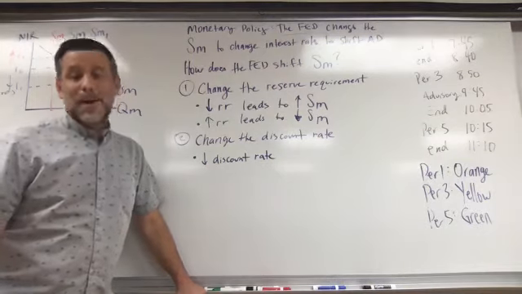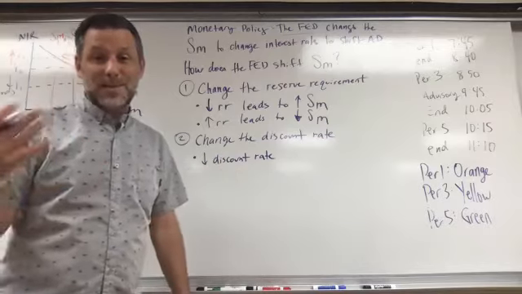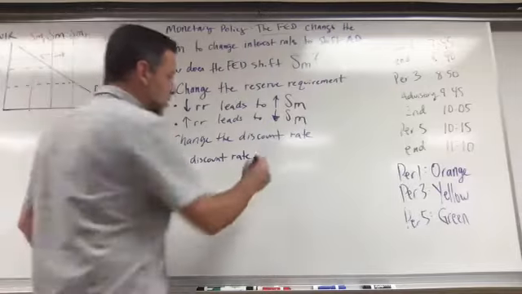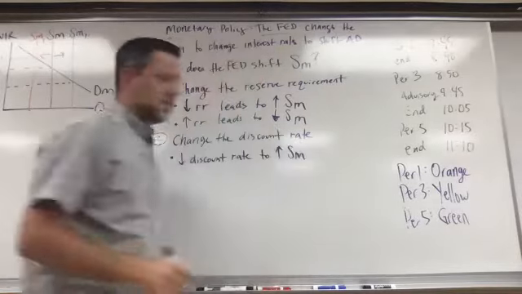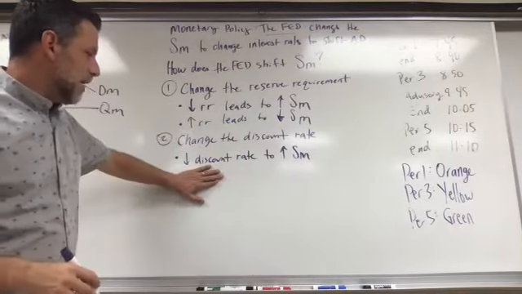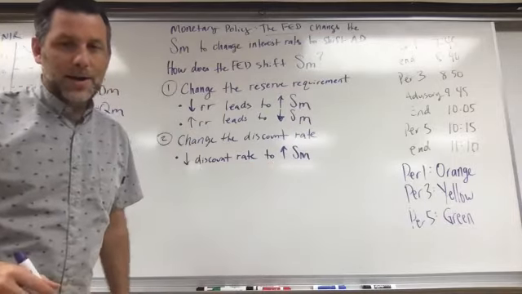So they're more likely to make loans because they know that they can always get money from the Fed to cover whatever loans they make. So when the Fed lowers the discount rate, it should cause the supply of money to increase. Again, a lower discount rate leads to a larger supply of money.